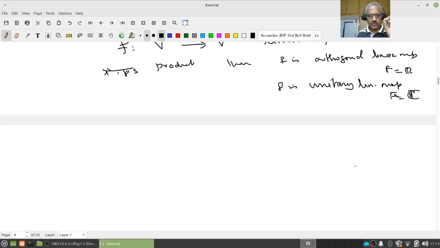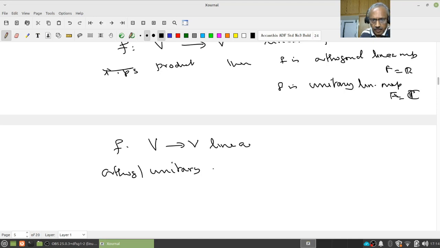Okay, let us quickly make a definition in case you miss the point. If f is from V to V linear, it's orthogonal or unitary if for all v and w in V, f of v inner product with f of w is the same as inner product of v and w. That's it.